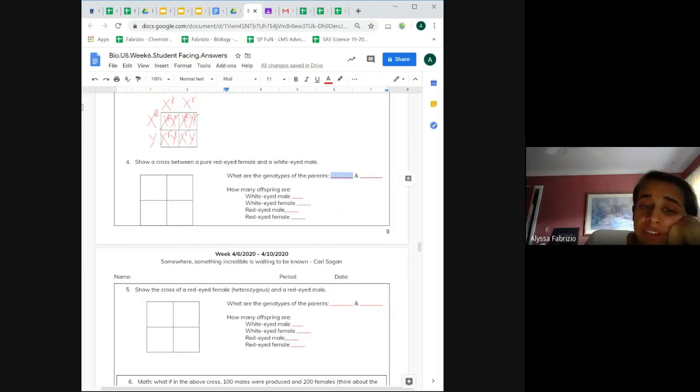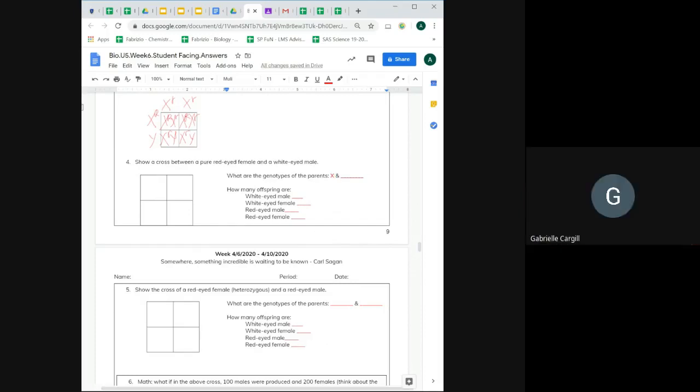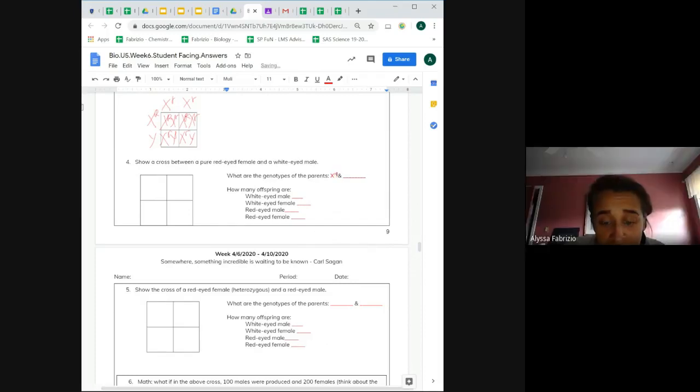So what would the genotype of our female look like then? Red eyes. Okay, so it's going to have 2 X's, right? Because it's a female, and they're both going to have the uppercase R because it's a pure red-eyed female, meaning it's homozygous dominant.